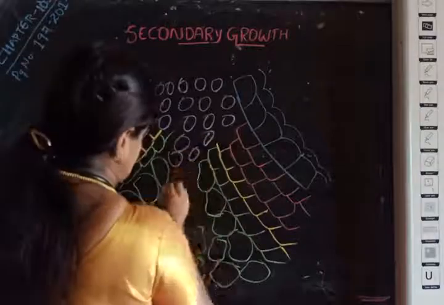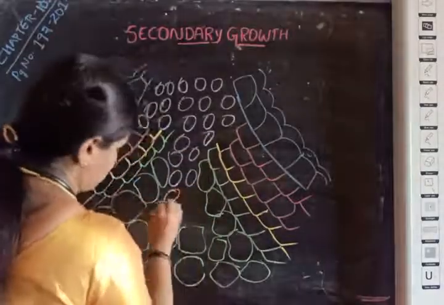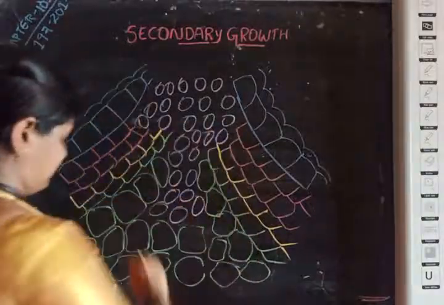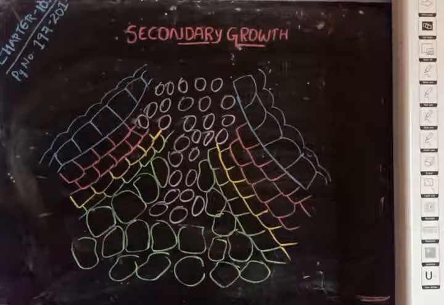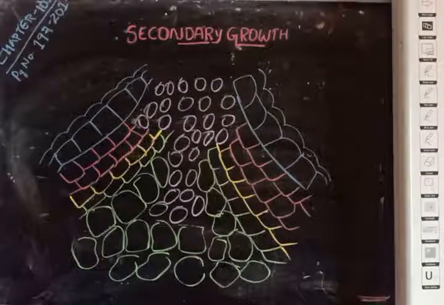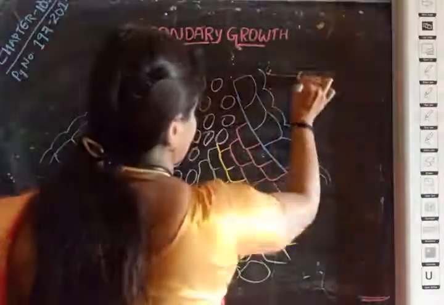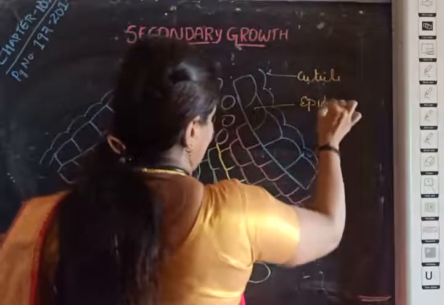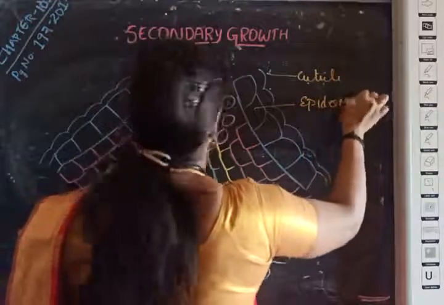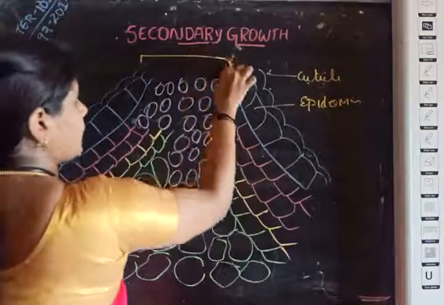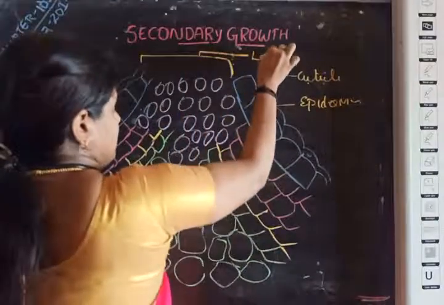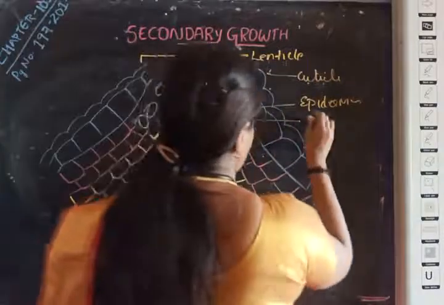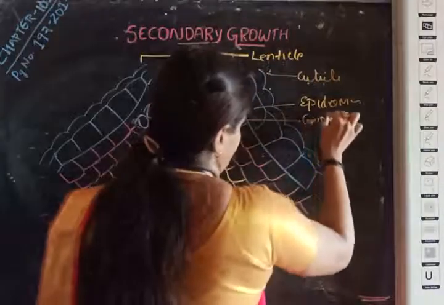So this is the structure of lenticels. Okay, this is the structure of lenticels. This is simply the cuticle. This is the epidermis, and this is the area that is the lenticel. And these are the complementary tissues or filling tissues.